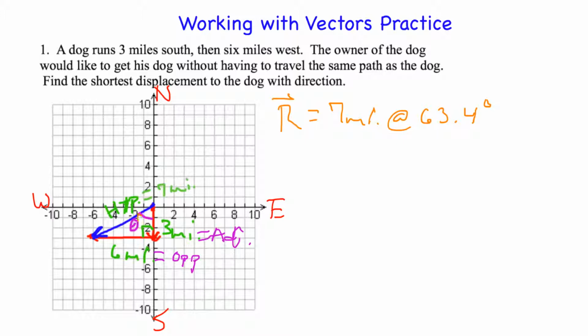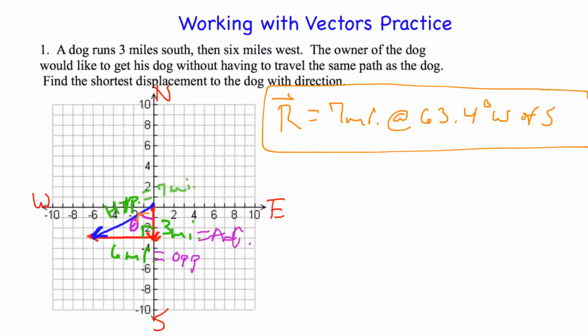And down here in our angle, it is moving towards the west, away from the south. So we would say west of south. If you wanted to go from 0, then you'd have to come around this direction. But I think for us, if you were using a compass or something, then figuring out this angle in relation to west and south makes more sense. Alright, so that is that problem.